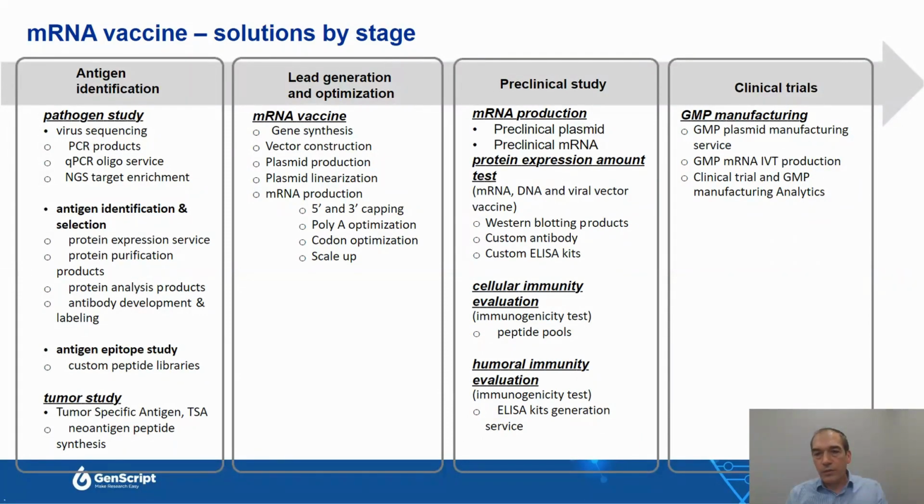And of course, we can offer similar for the preclinical studies, preclinical plasmid, preclinical mRNA, protein expression evaluation tools, humoral immunity, cellular immunity, and so on. Then our GenScript ProBio division can also support you during your clinical trials and manufacturing with GMP-grade plasmid and GMP-grade mRNA IVT production, as well as required GMP manufacturing analytics.